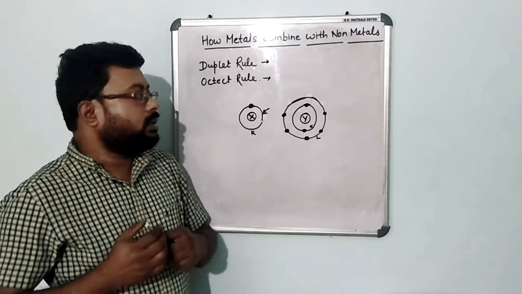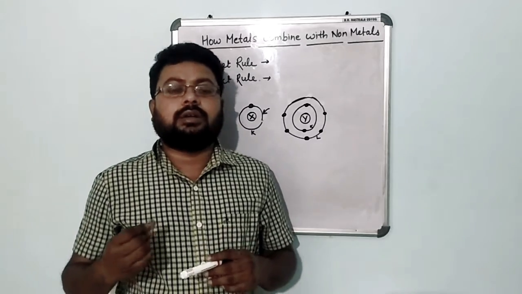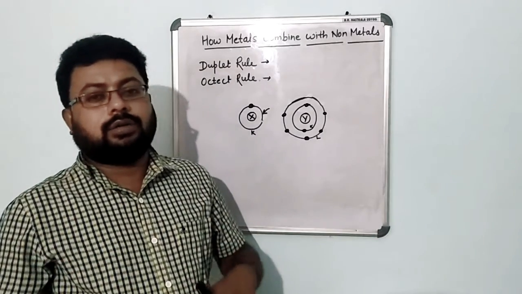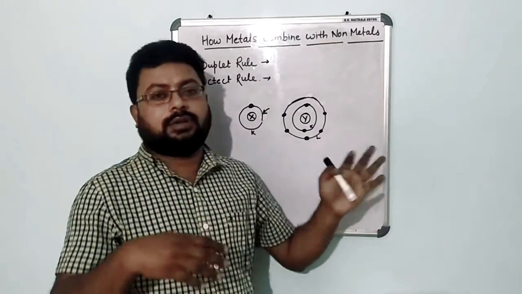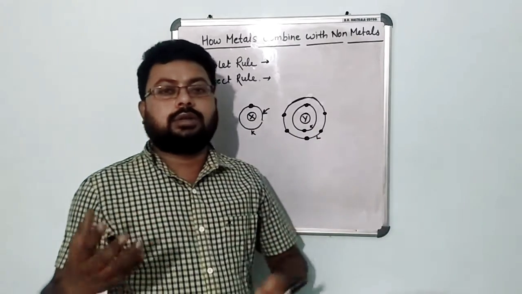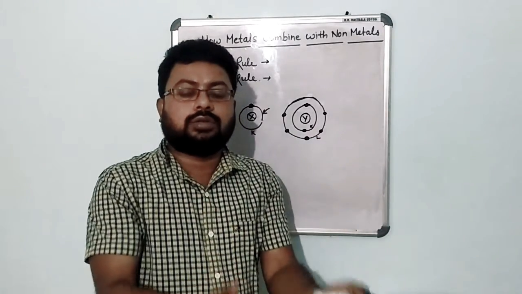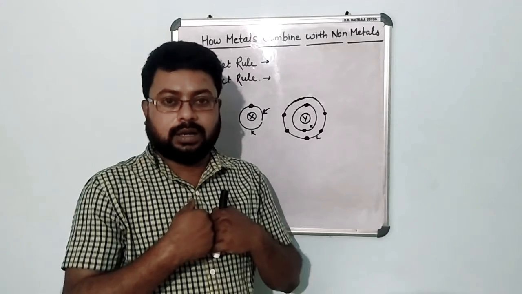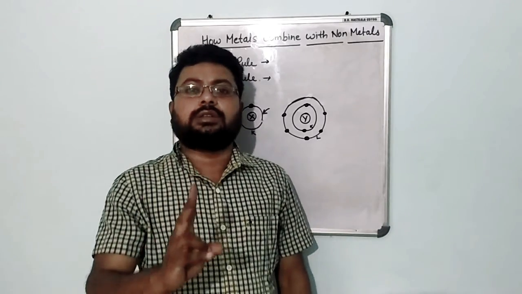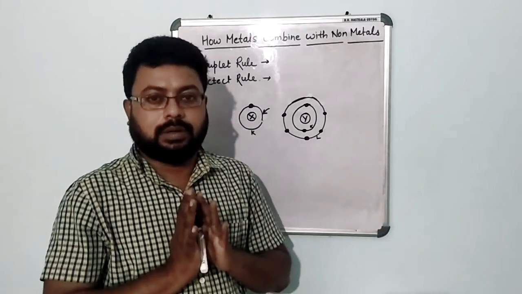In this case, the atom will try either to gain electrons or to lose all the left electrons. So the atom either loses electrons, or gains electrons. These are the only two ways by which the atom can become stable.